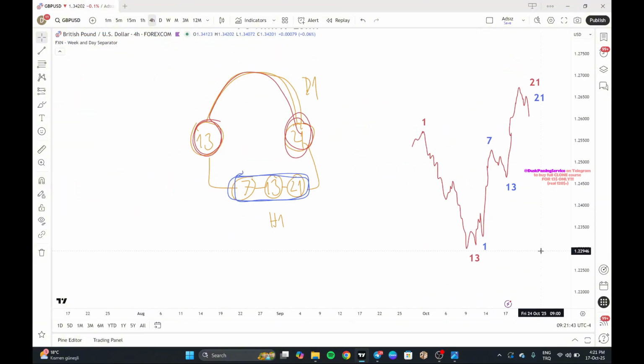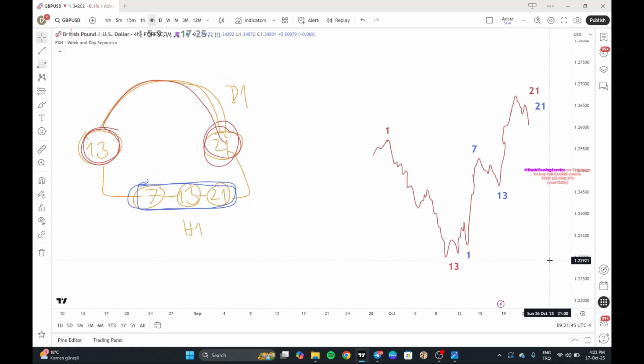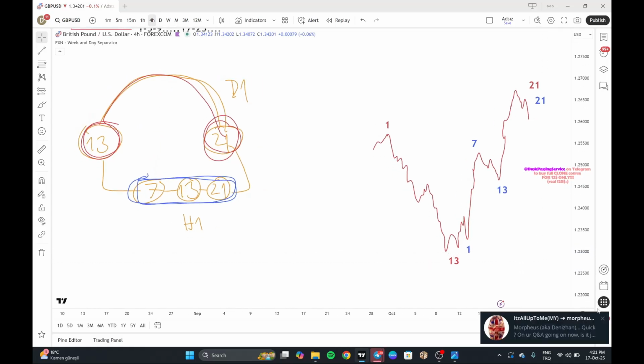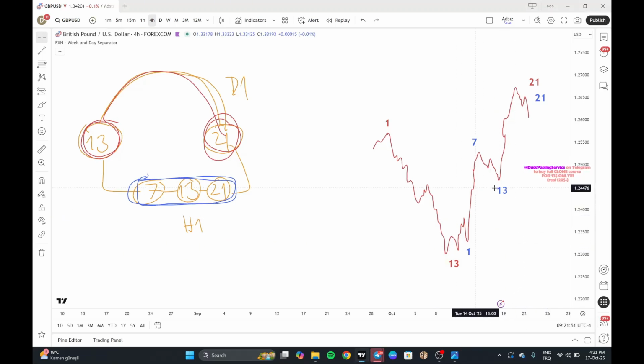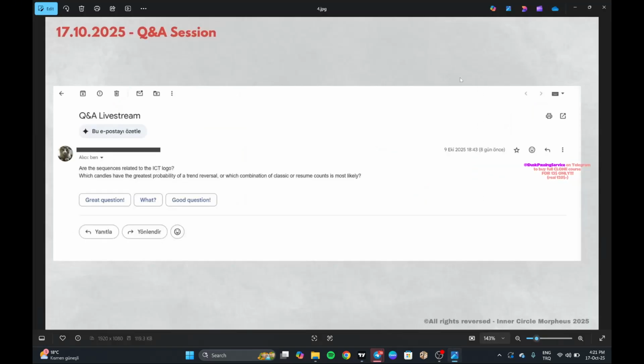So once you perceive everything fractally, then this approach will be easier for you. I hope everything is clear for you here.